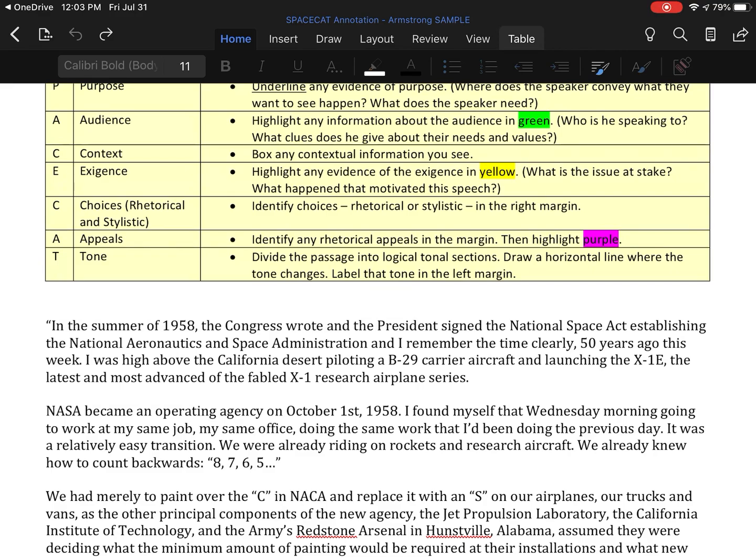NASA became an operating agency on October 1st, 1958. I found myself that Wednesday morning going to work at my same job, my same office, doing the same work that I'd been doing the previous day. It was a relatively easy transition. We were already riding on rockets and research aircraft. We already knew how to count backwards. 8, 7, 6, 5.